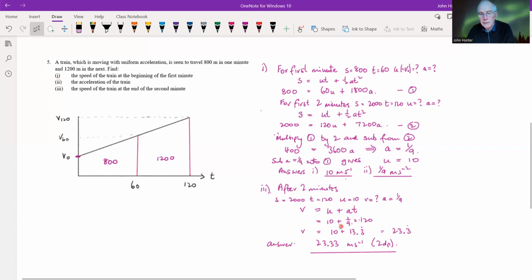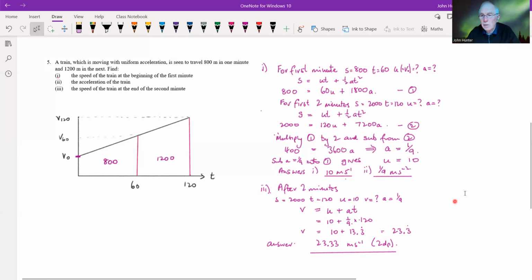If we plug in the u that we know from here, the acceleration that we know here, and the time that we know from here, we get the final velocity is 23.3 recurring meters per second, which I've written as 23.33 meters per second to 2 decimal places. Always put your accuracy in.